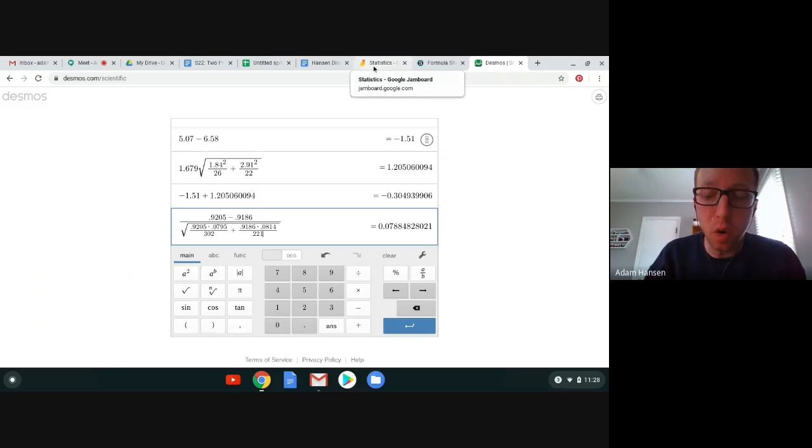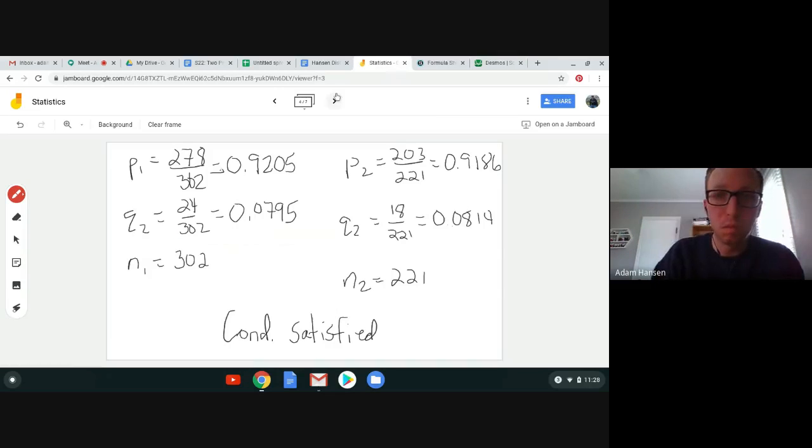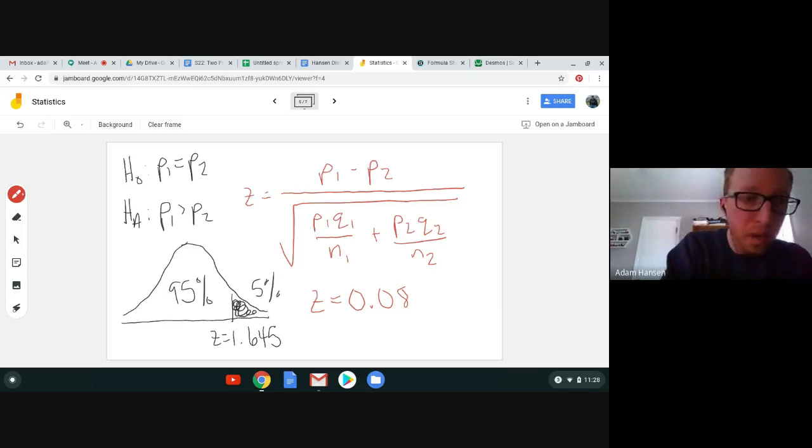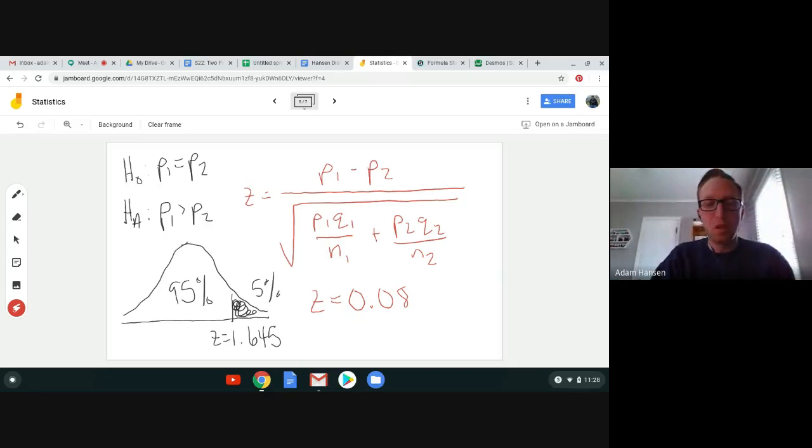Let me stop here. Questions so far? Okay, so compare these two z-scores. What should our decision be? Do we reject or fail to reject the null hypothesis?